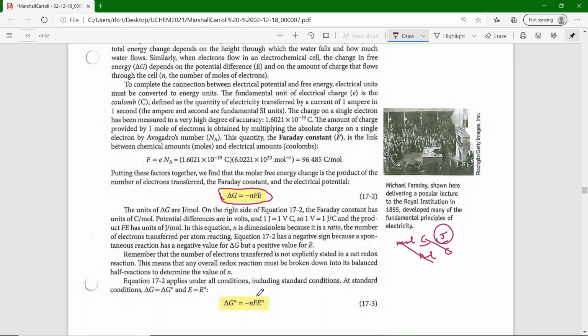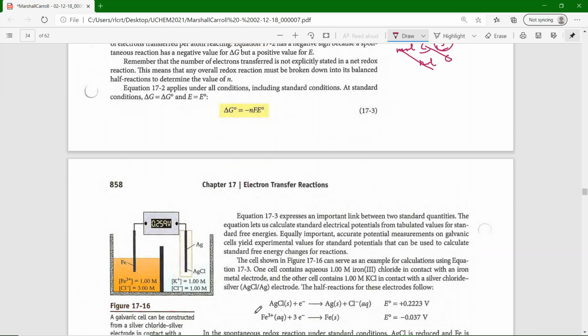And if we're talking about standard states, then delta G naught is minus nF times E naught. And n is really the least common multiple of the oxidation half reaction and the reduction half reaction.